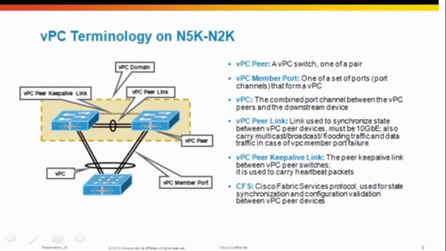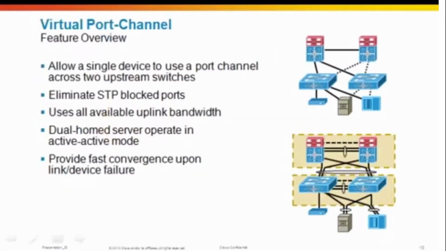Now let's move ahead and see our feature overview. What does VPC do and allow us? It allows a single device to use a port channel across 2 upstream switches. So this is the difference really between a port channel and a virtual port channel. It also eliminates spanning tree protocol blocked ports.